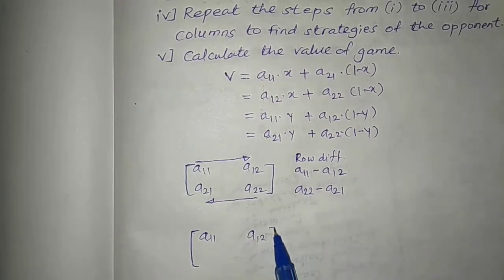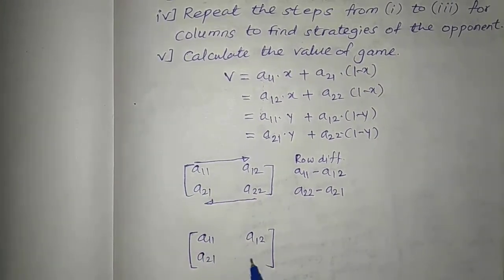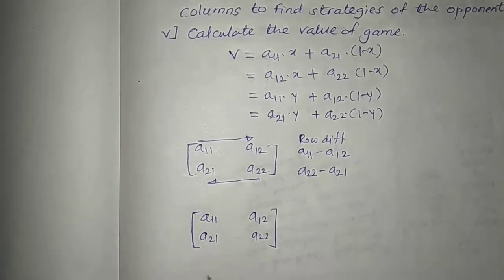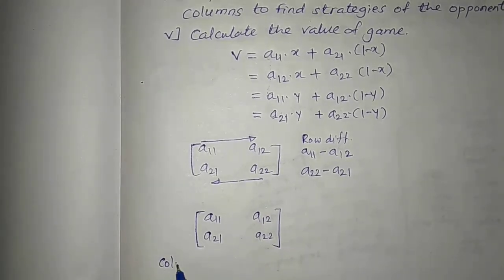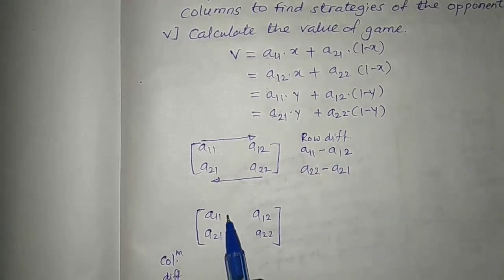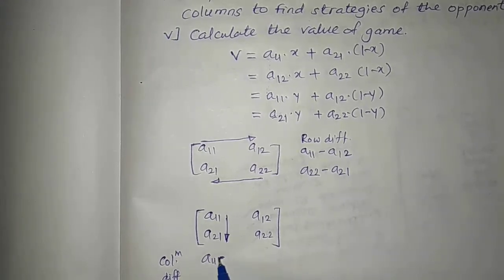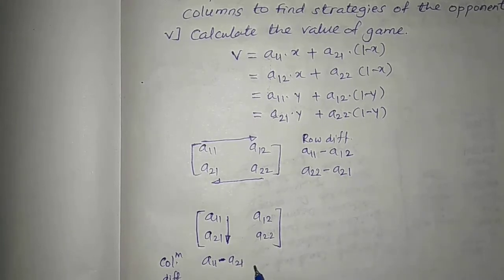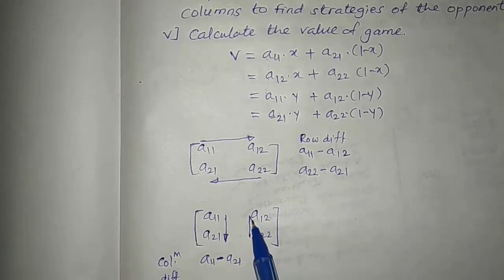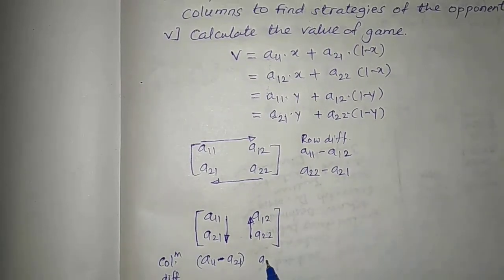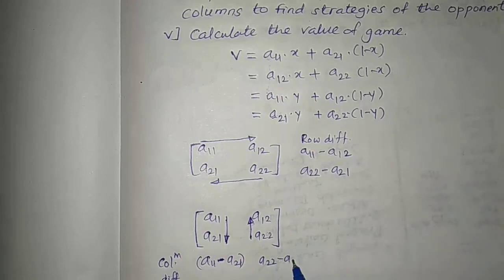I repeat the above matrix here, a21, a22. So these are the four elements of a 2 by 2 matrix. To determine the column differences, we have to use the differences in this way: a11 minus a21, and for the second column difference it will be a22 minus a12.